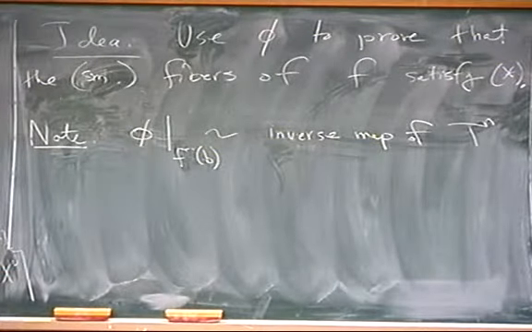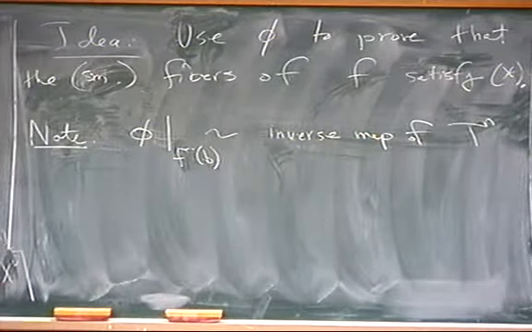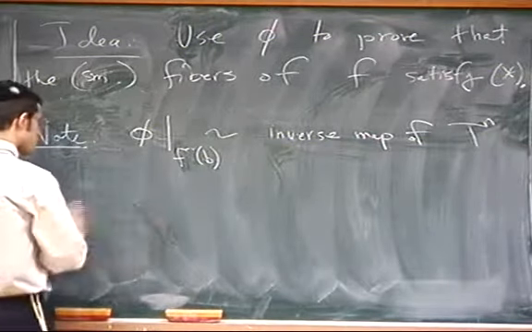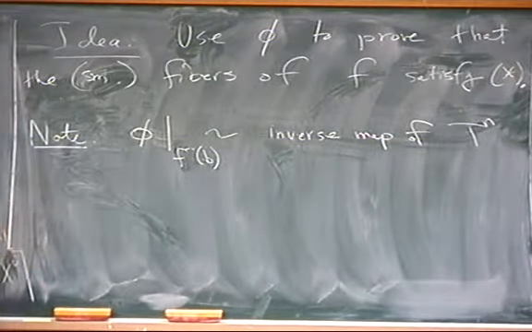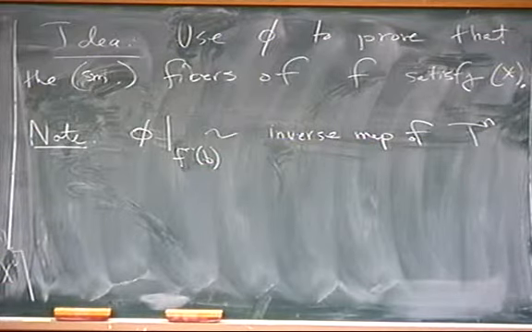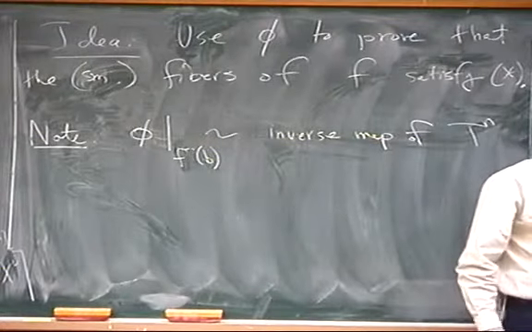In other words, think of T^n as a group. There's an inverse map there, and it's immediately clear from the construction that this is true. So the condition is that phi preserves the fibers.